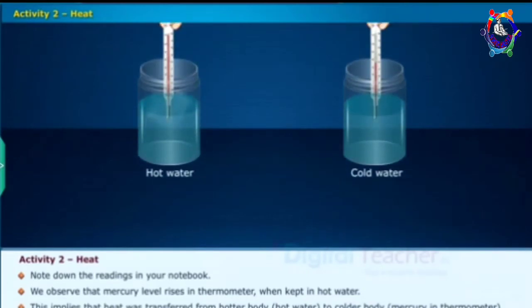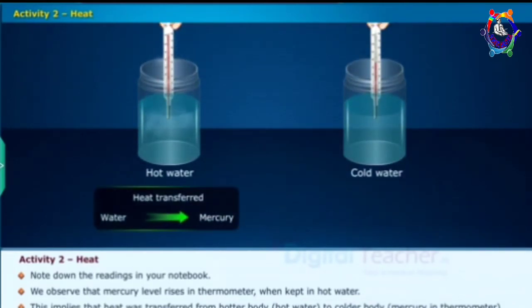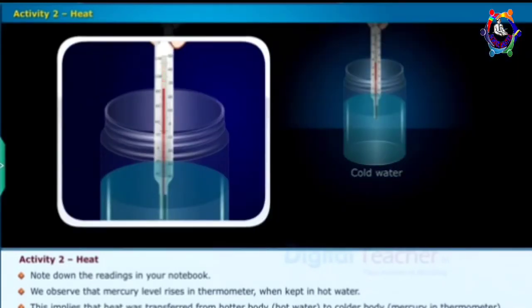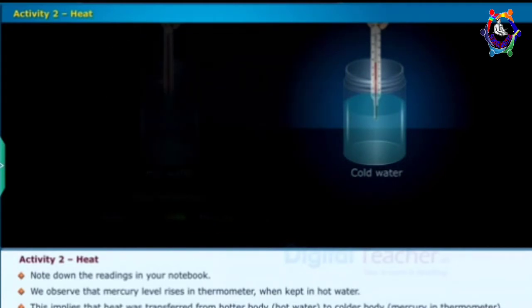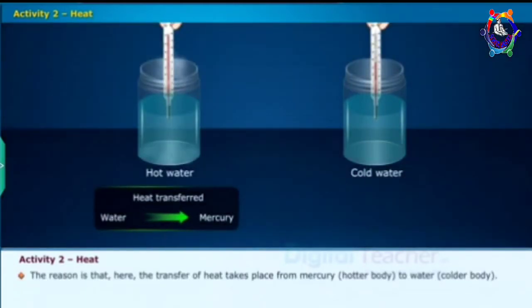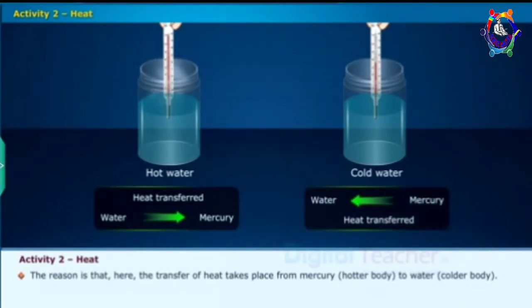This implies that heat was transferred from the hotter body, hot water, to the colder body, mercury in the thermometer. Similarly, in the case of cold water, we observe that the mercury level comes down from its previous level. The reason is that here the transfer of heat takes place from mercury, the hotter body, to water, the colder body.